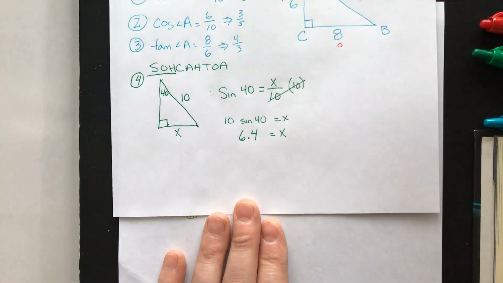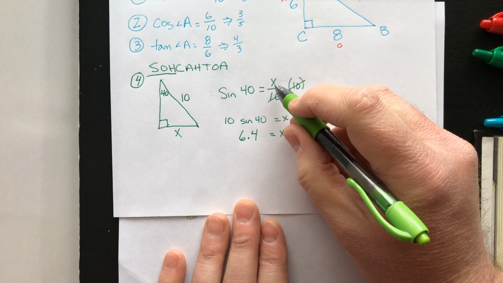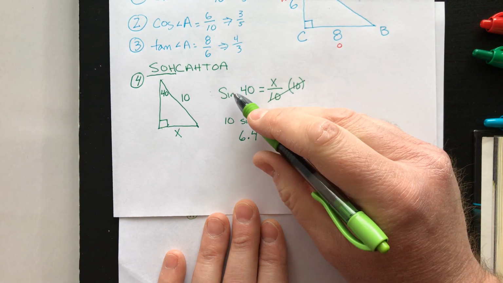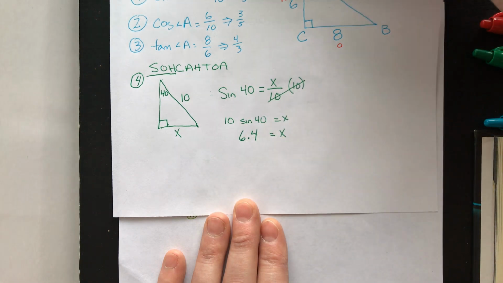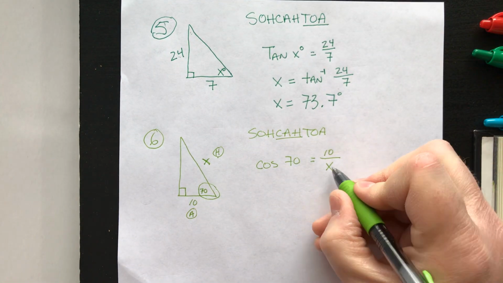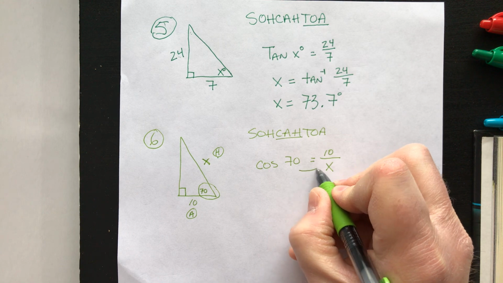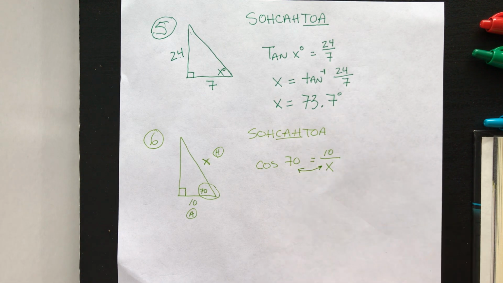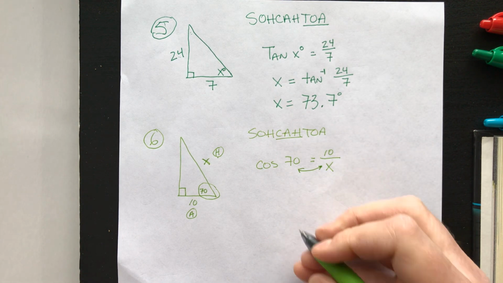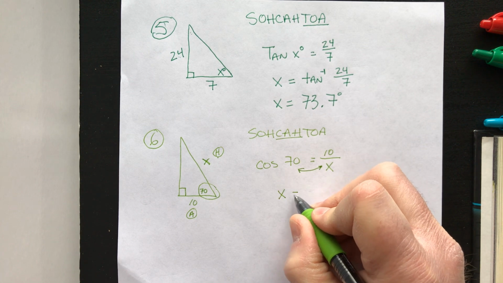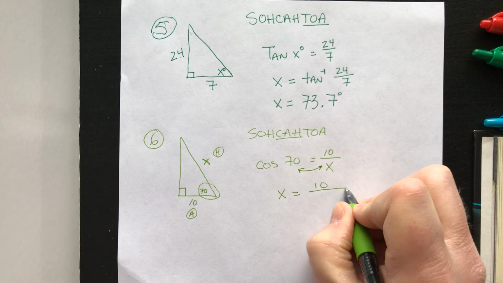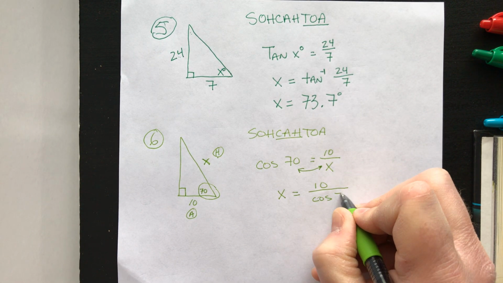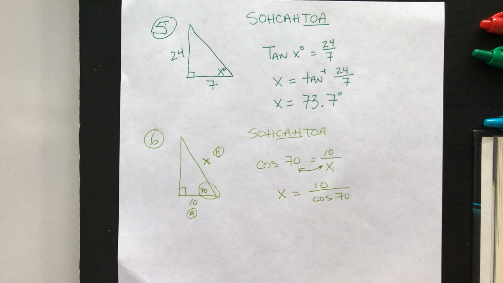Remember, when the variable was in the numerator, all we did was multiply both sides by the denominator. When the variable's in the denominator, you can just switch spots. So I'm going to put the x over here, and I'm going to put the cosine of 70 in the denominator where the x was.